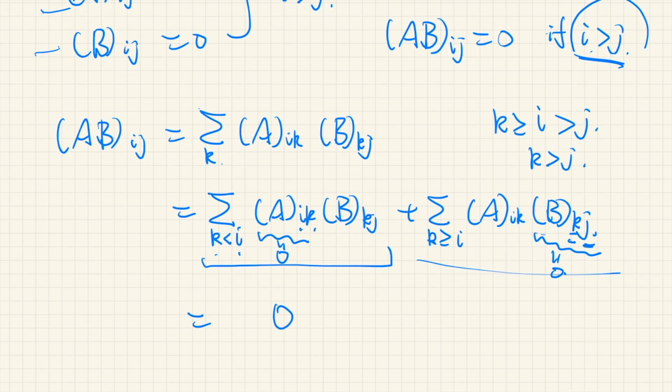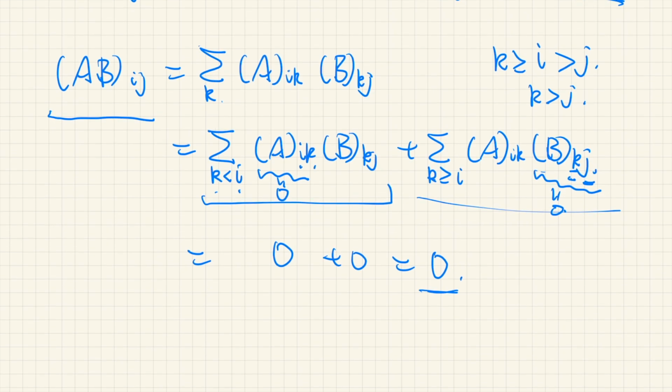Therefore, this is 0 plus 0 equals 0. Therefore, the lower triangle of the matrix is all 0. Therefore, AB is upper triangular.